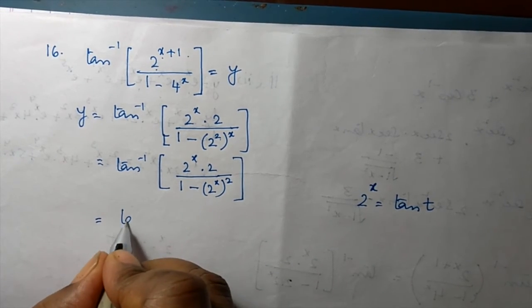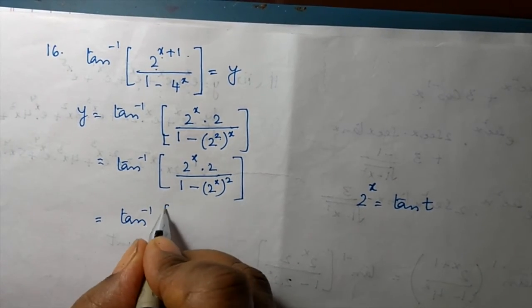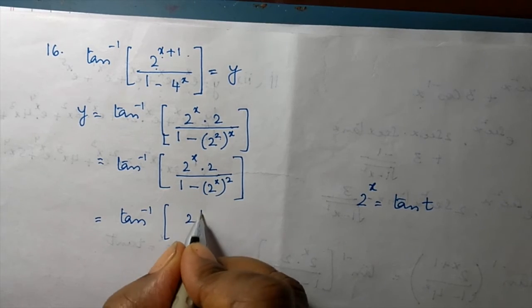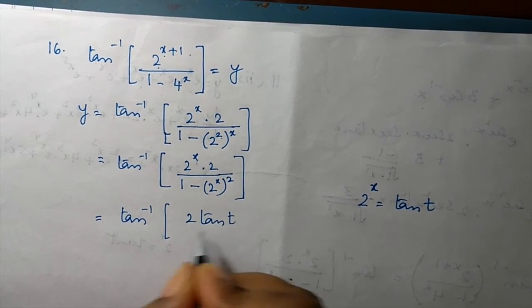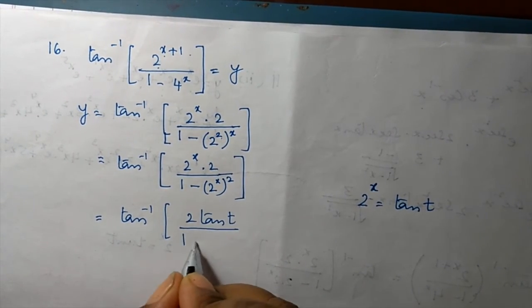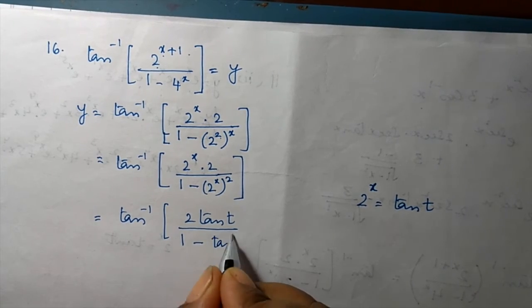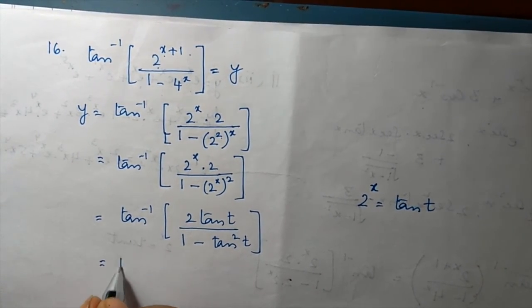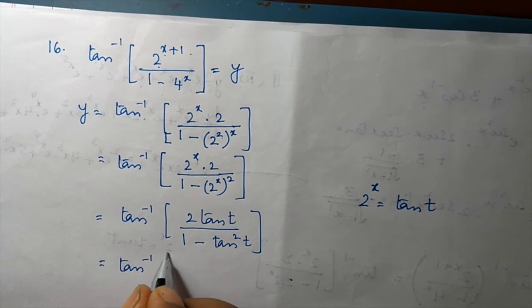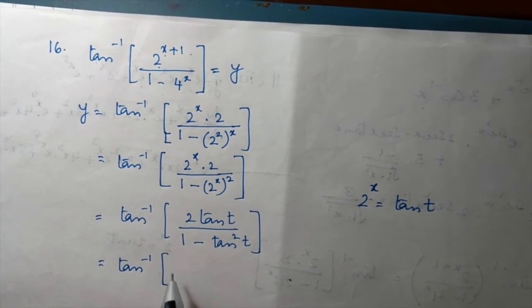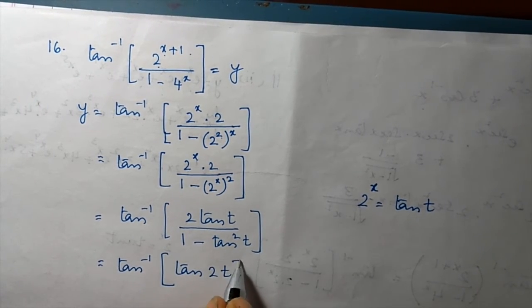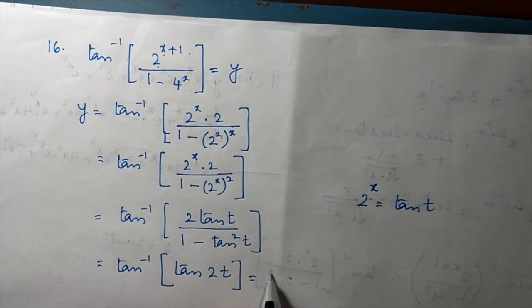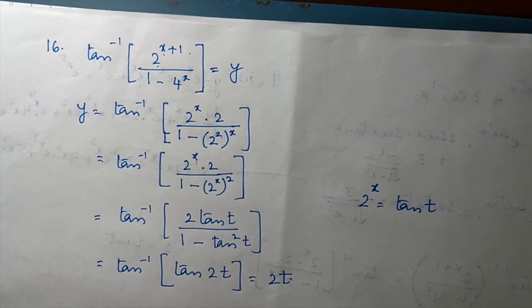Which means when I replace it over here, tan inverse of 2 tan t upon 1 minus tan square t. And now one can easily make out that inside this is the formula of tan 2t, which means this is just 2t.